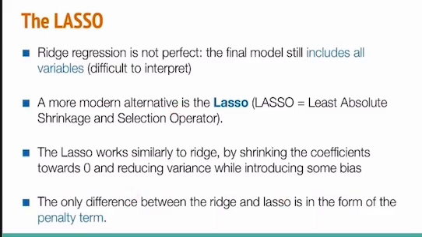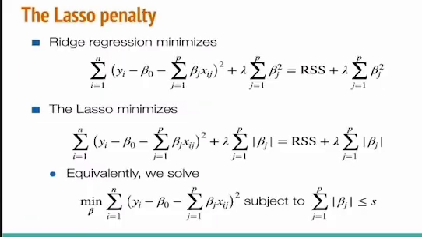Now let's take a look at the statistical architecture. This is the residual sum of squares when I'm only focusing on the OLS. This is when I added the ridge penalty, and that's why all of that is RSS plus the ridge penalty. But what about lasso? In lasso, this is the conventional RSS. Then this is the lasso penalty.